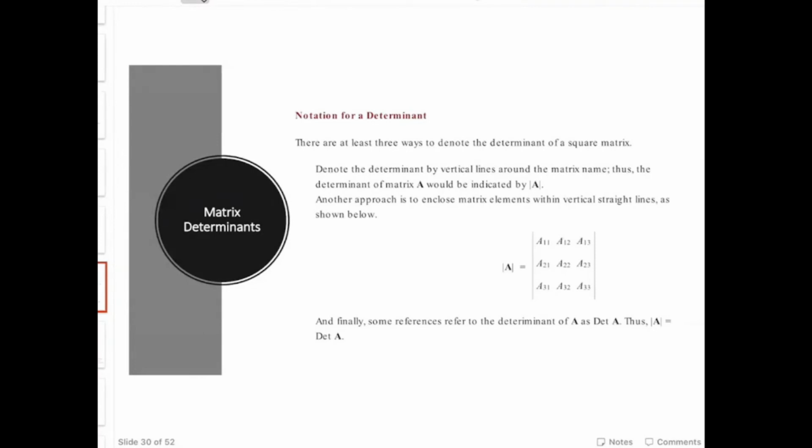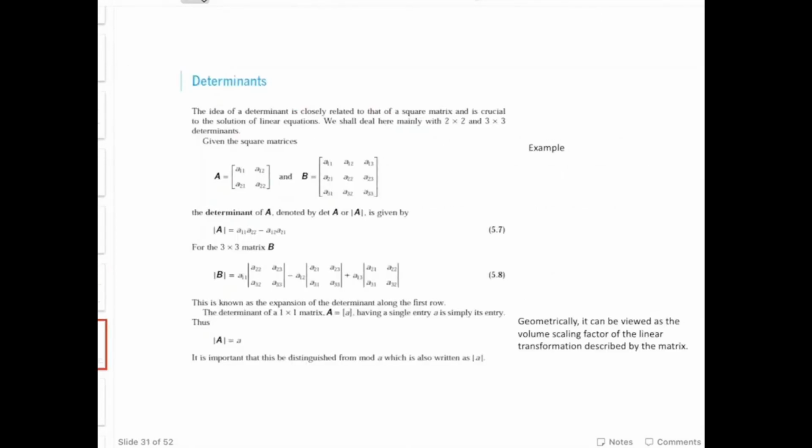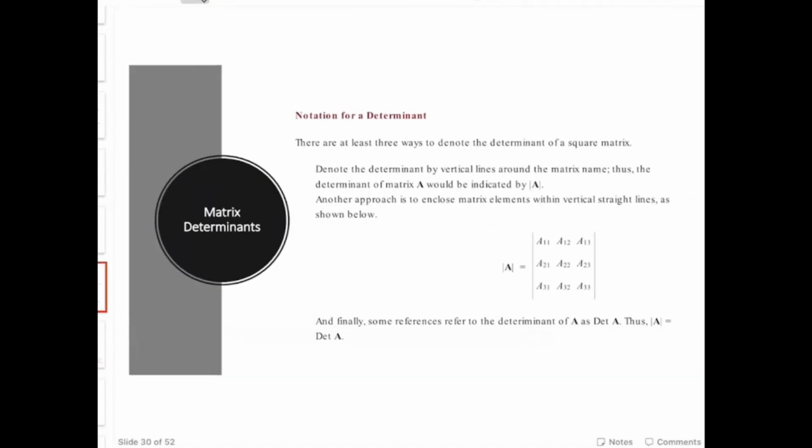So the same with the matrix concept. When we talk about determinant, geometrically it's actually the volume scaling factor of the linear transformation described by a matrix. And we will see that later on when we watch the video about the linear transformations using matrices.